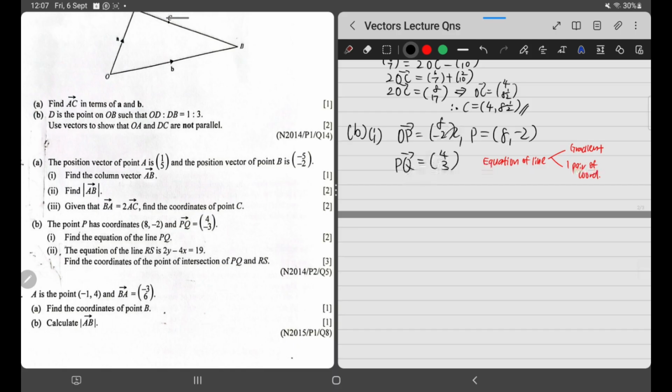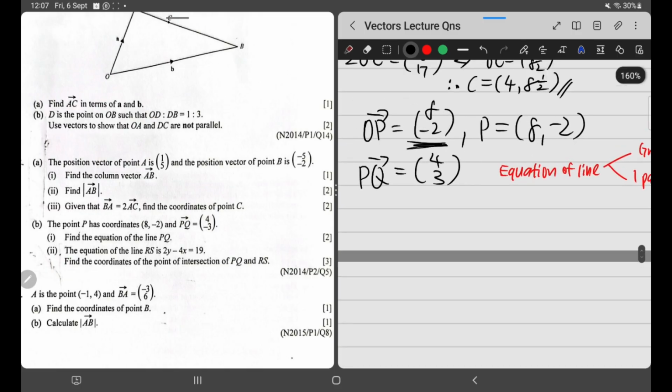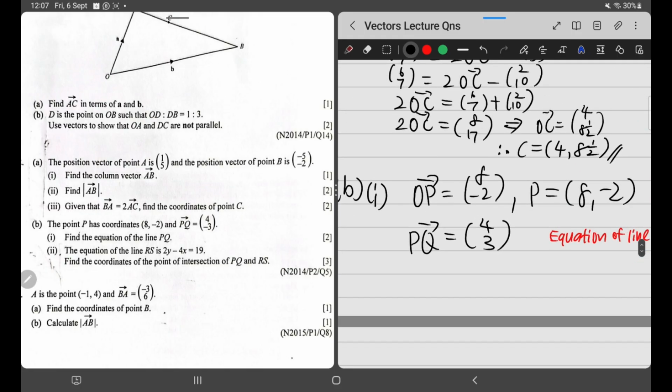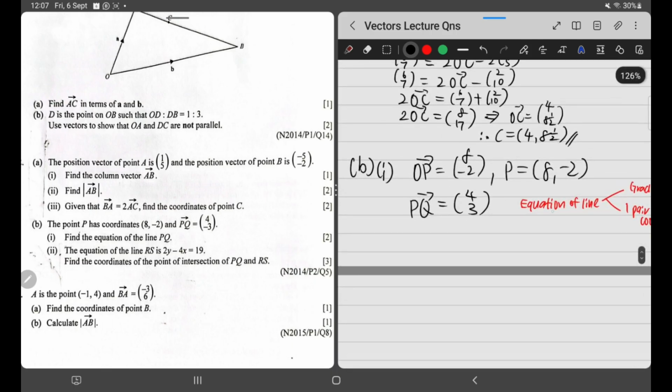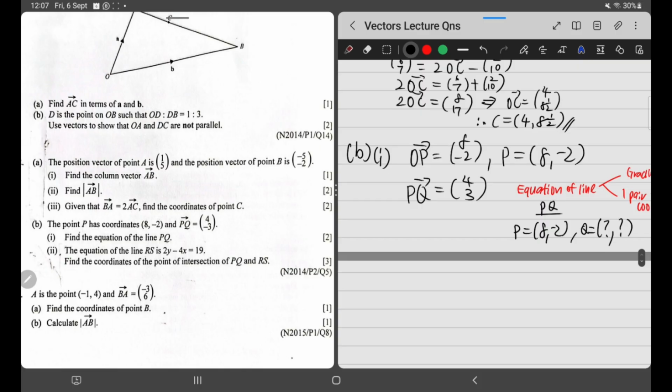So what is the gradient of this line? Now, to find the gradient of PQ, we need the points P and Q, right? So P is (8, -2), but we don't know what Q is yet. Q equals something, something. So how do we find Q? We know that PQ is just OQ minus OP.